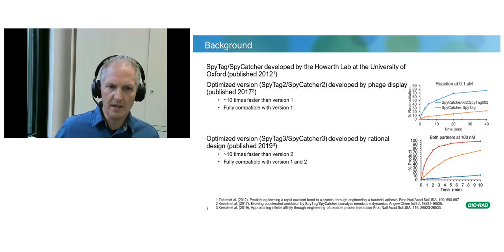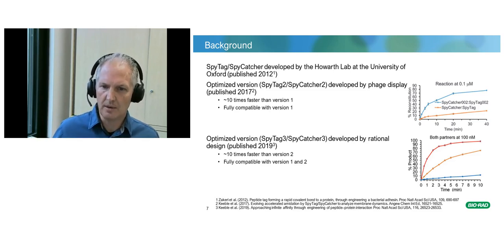In 2019, the Howarth Lab published the version 3, which is again about 10 times faster than version 2, but maintains the compatibility to the previous versions. And here in red, you can see, again, it works much nicer, much faster than the previous version. However, the reaction is concentration dependent.